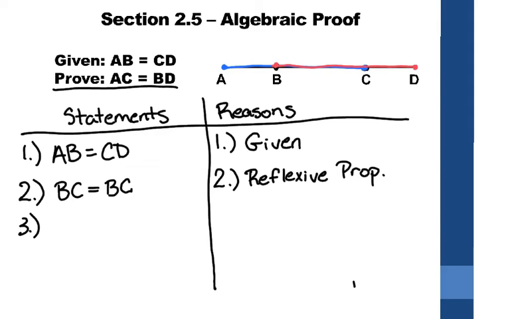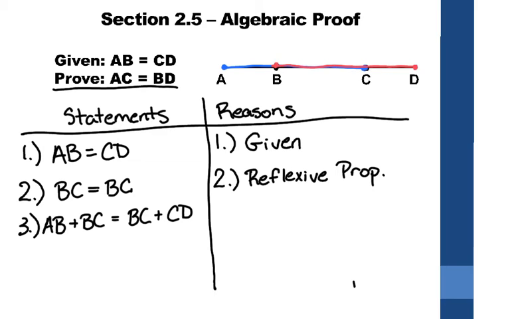Well, what if we were to say this right here, that AB plus BC, okay, that is equal to BC plus CD.